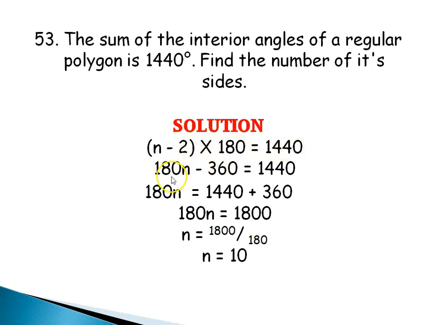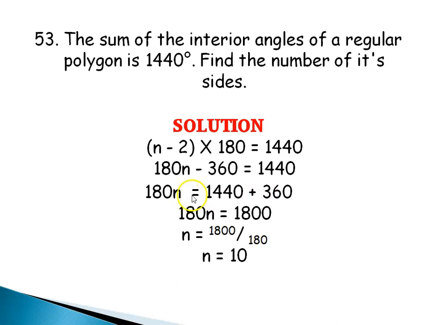Open your bracket. 180 times n, 180n, 180 times 2, minus 360 is equal to 1440. And I'll bring my minus 360 to this side. It becomes 180n is equal to 1440 plus 360.